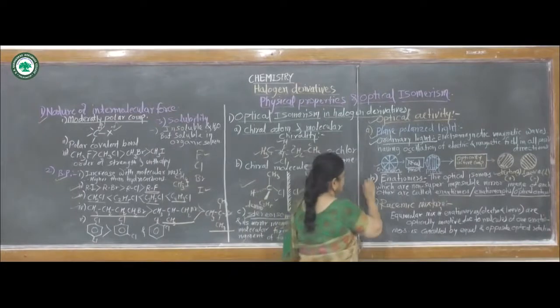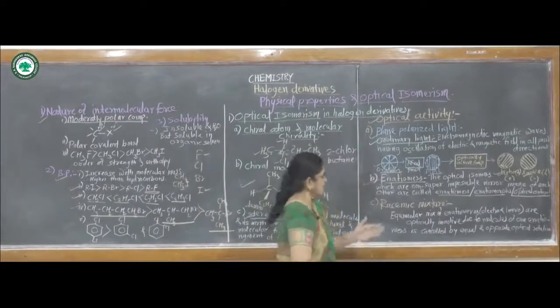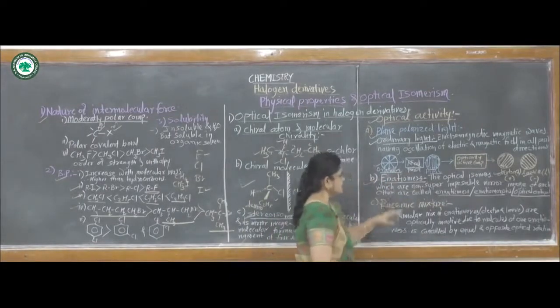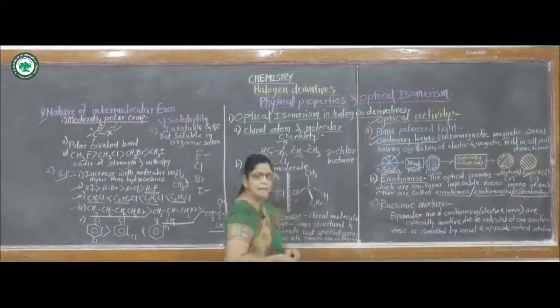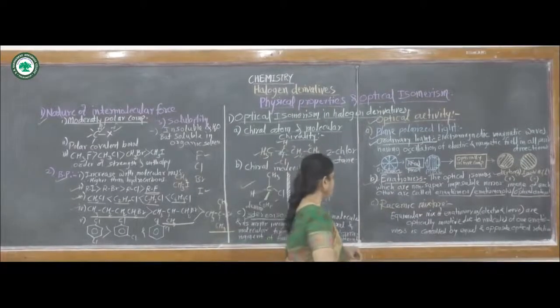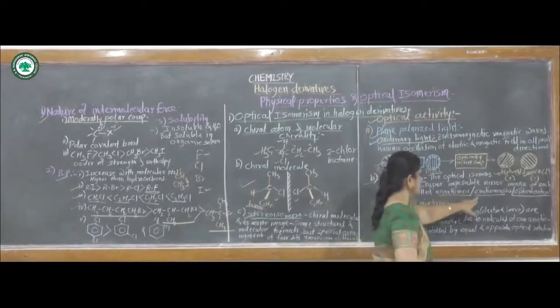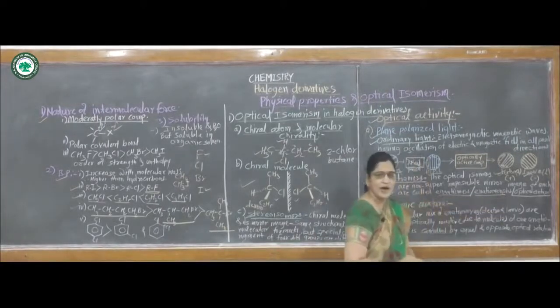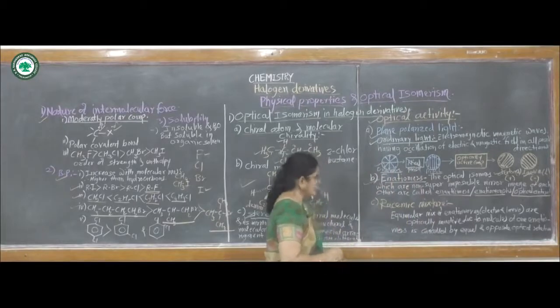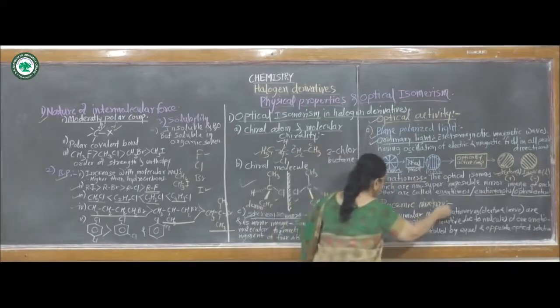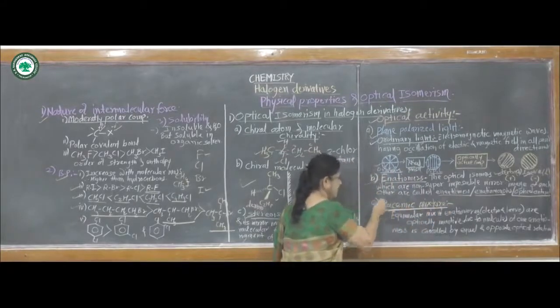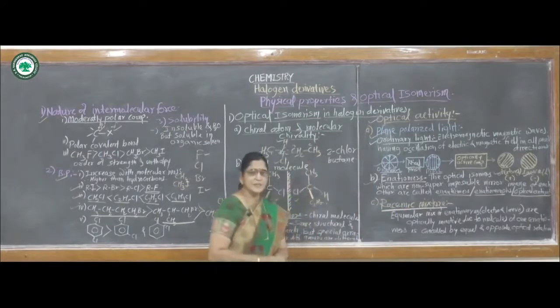That means the definition of enantiomers is optical isomers which are non-superimposable mirror images of each other, called enantiomers or enantiomorphs or optical antipodes. Then the last point of optical activity is the racemic mixture. What is a racemic mixture?